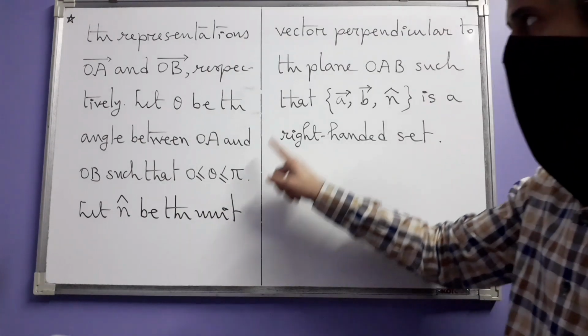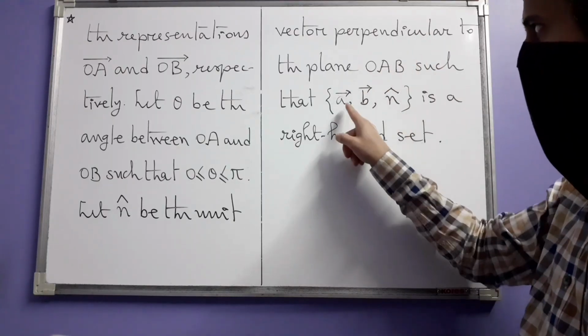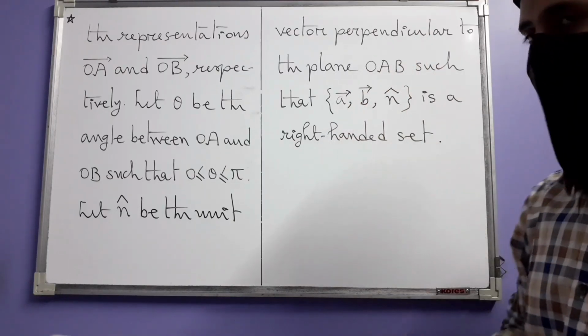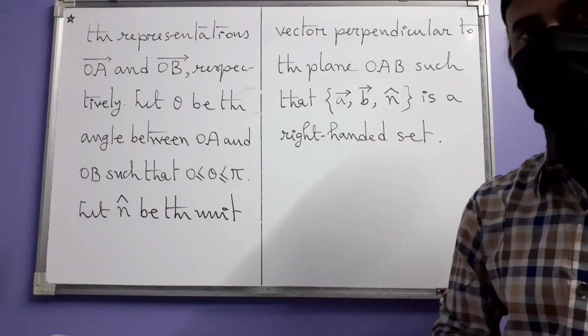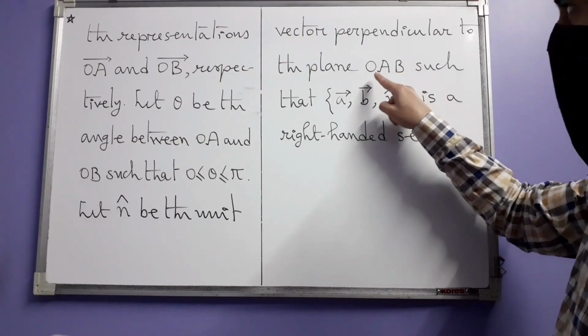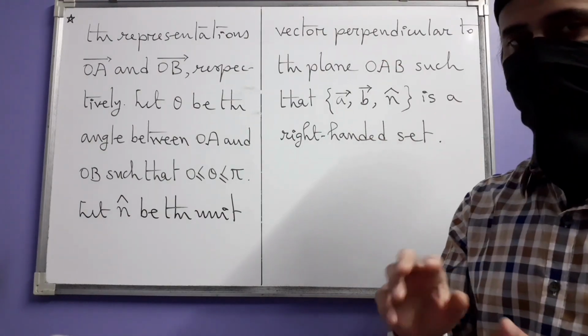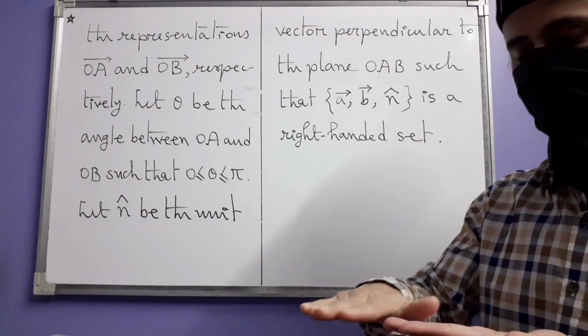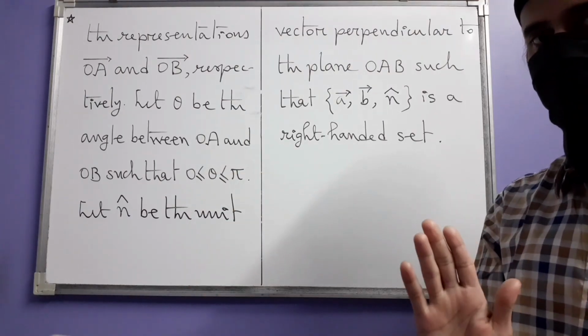Let n hat be the unit vector perpendicular to the plane OAB such that these vectors A, B and n hat, when considered in that order, form a right-handed set. The plane OAB means the 3 points O, A and B, wherever they are, determine a plane. N hat is a unit vector perpendicular to the plane.